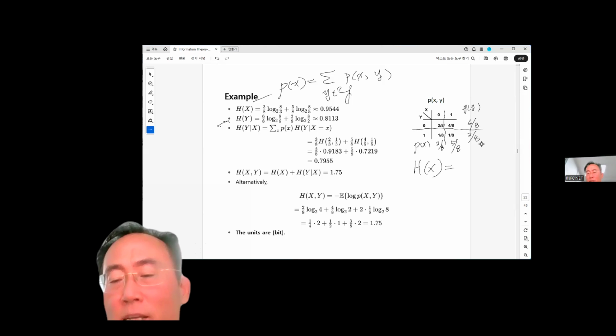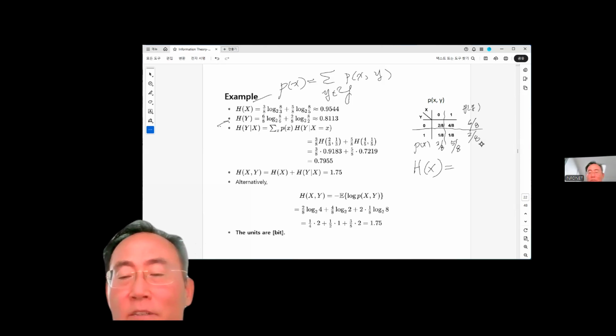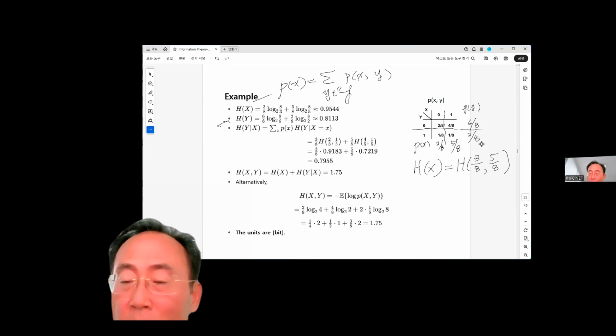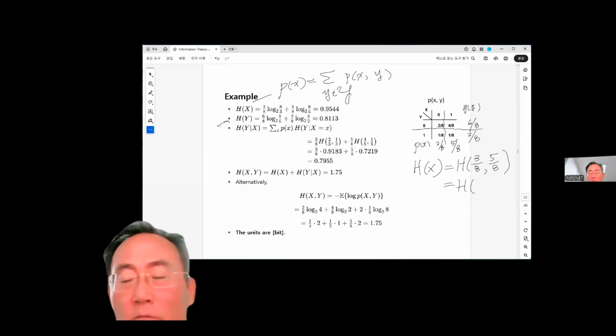H(X) is nothing but the entropy of the distribution, which is P(X). So you need to write P(X) right here. Just by notation, since this is binary, you just need one variable, one probability. That is good enough.